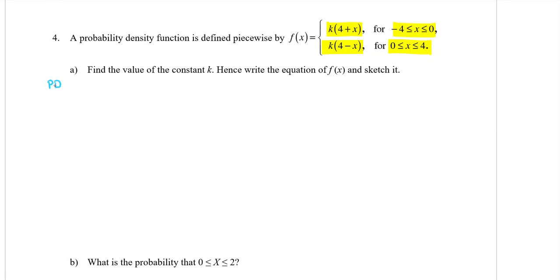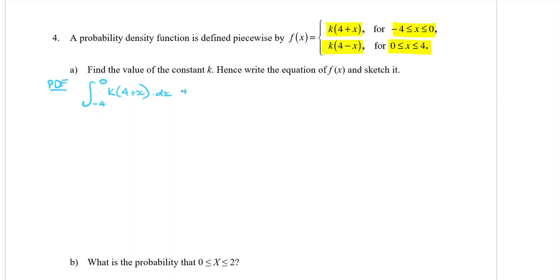The PDF can be found by integrating. We're going to have to do two integrals because we have two sections. We're going to integrate between -4 and 0 the first equation, which was k(4 + x). K is just a constant sitting in there, and I need to find out what it is. That would be part of the area contributing to the probability of 1.